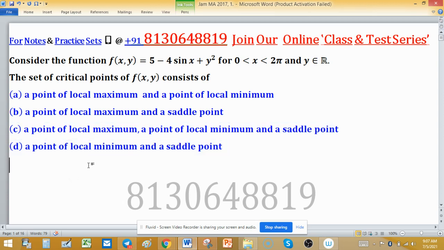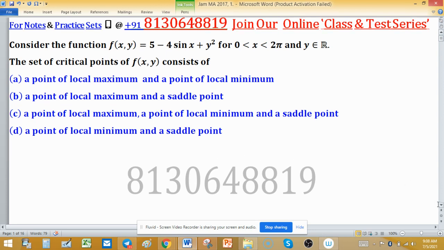First, let us understand the meaning of a critical point. A critical point is a point where the gradient of the function is either 0 or doesn't exist.